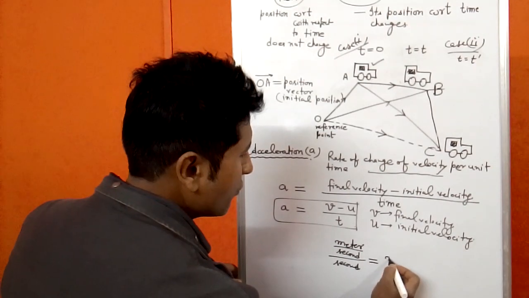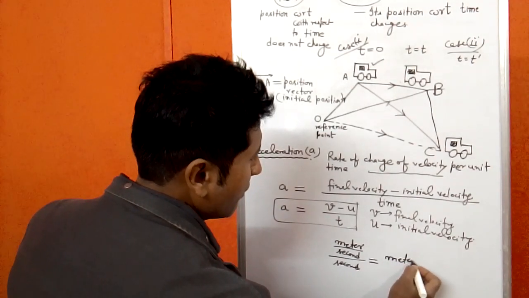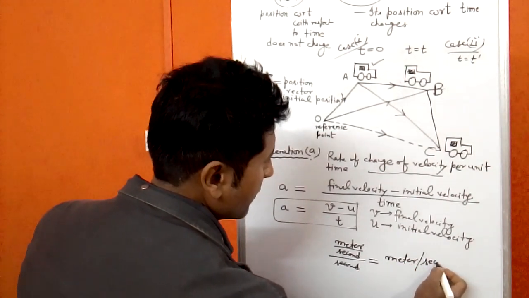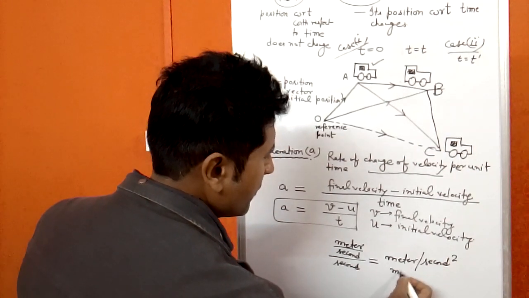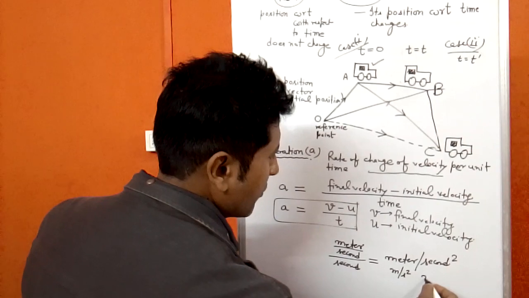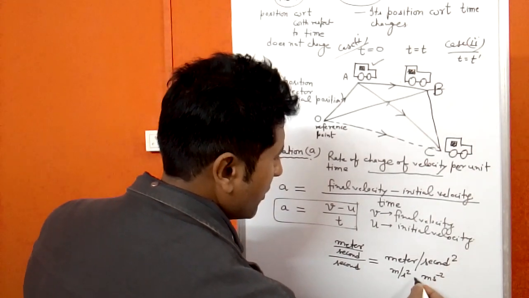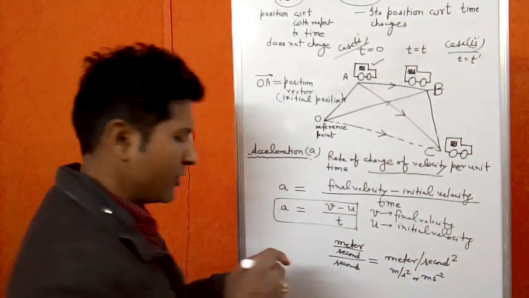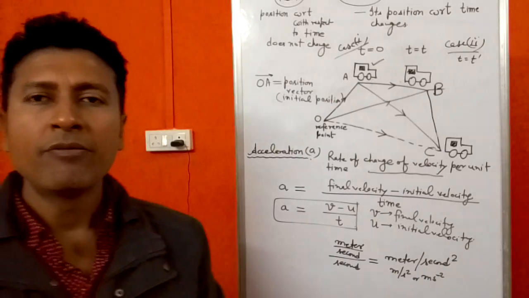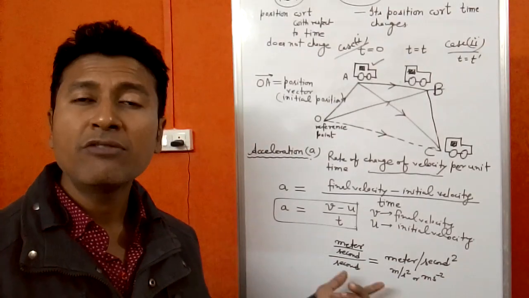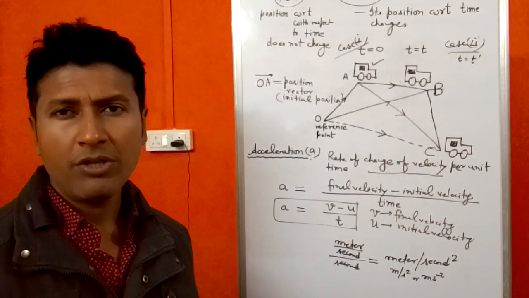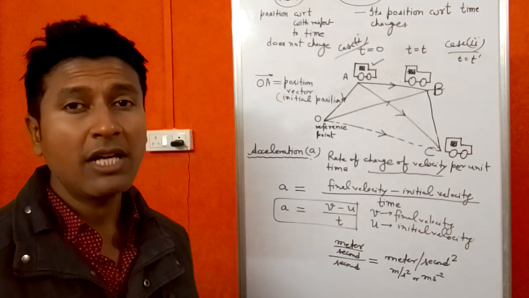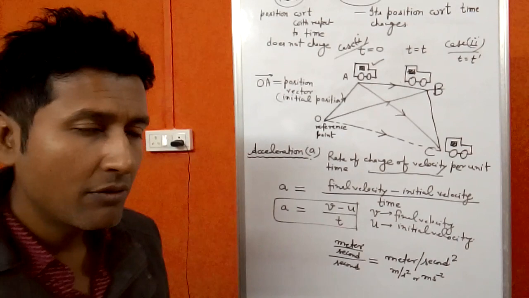So finally you get meter per second square. In short we write meter per second square, or meter second raised to power minus 2. This is very important, because in physics most of the time we look at the unit also, and from the unit we get a lot of ideas, correct?